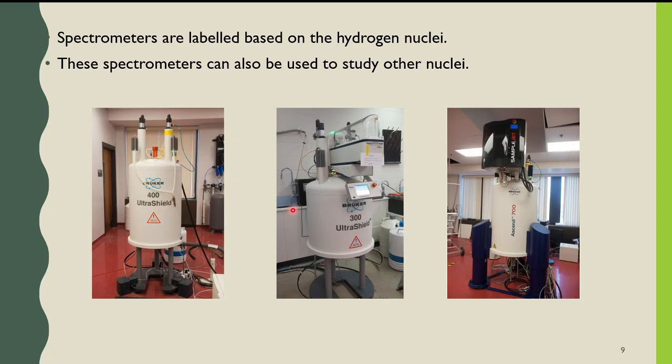What do these numbers actually tell? Well, the spectrometers are labeled based on the proton nucleus, the hydrogen. So this is actually the Larmor frequency for the hydrogen or proton.